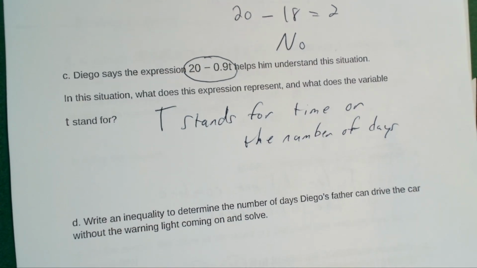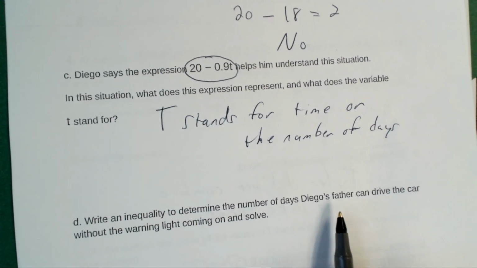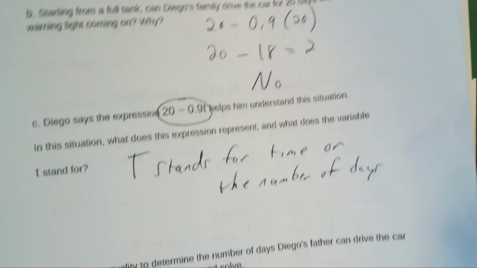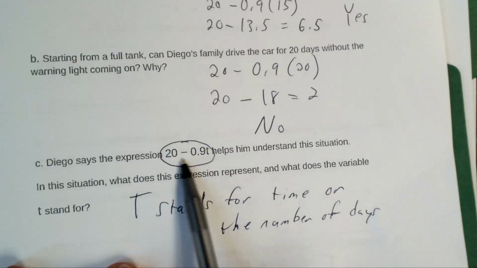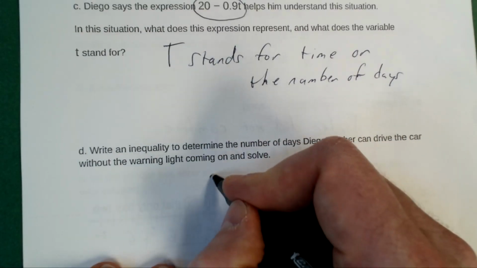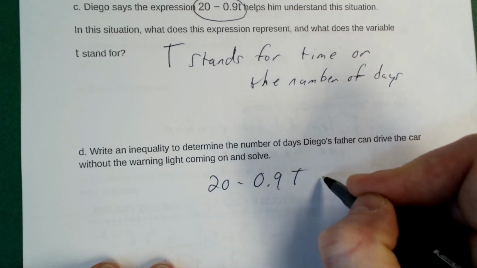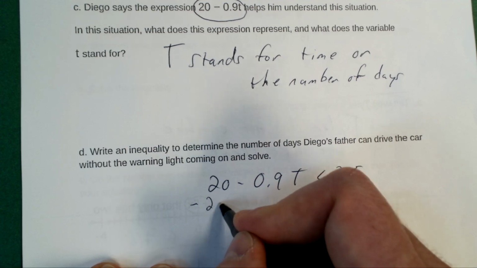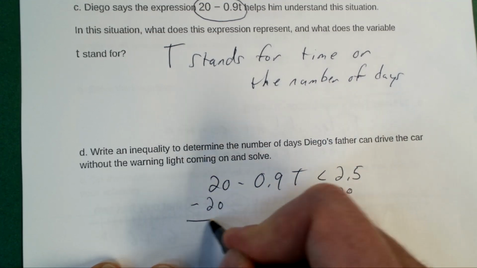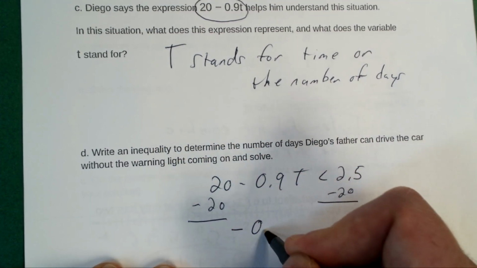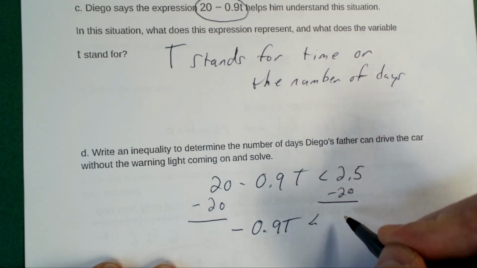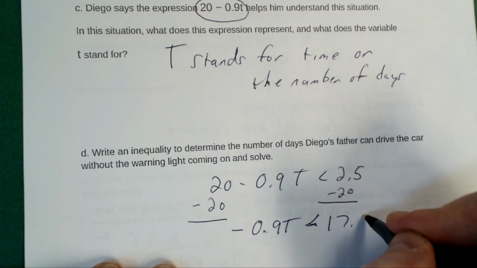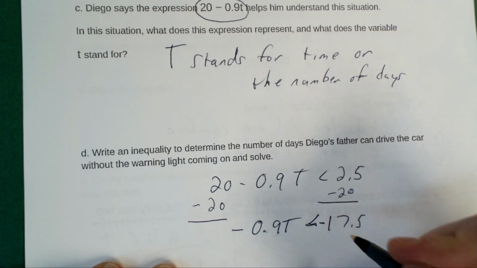And then D says write an inequality to determine the number of days Diego's father can drive the car without the warning light coming on and solve it. Well, you already have it. It's right there. Remember, this is all right here. 20 minus 0.9t less than 2.5. Well, I've got to subtract 20. Negative 0.9t less than negative 17.5.